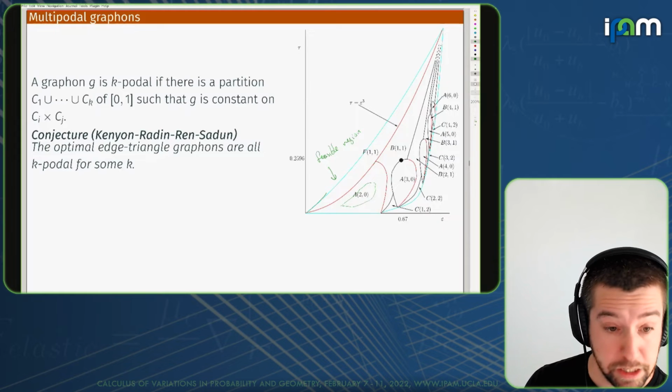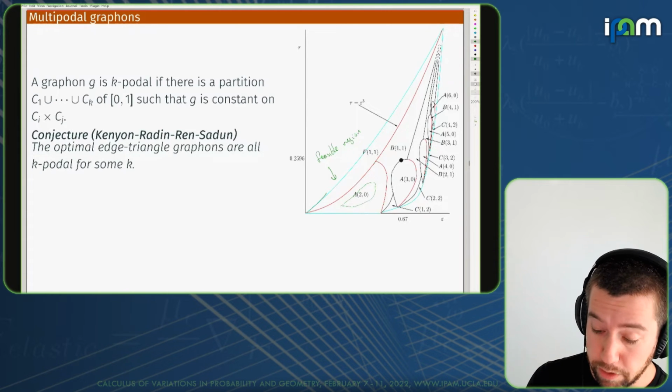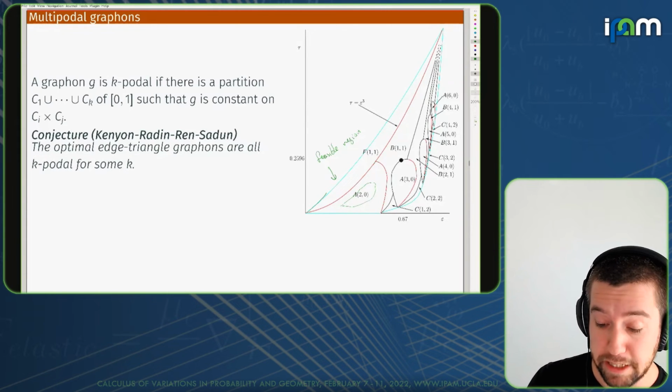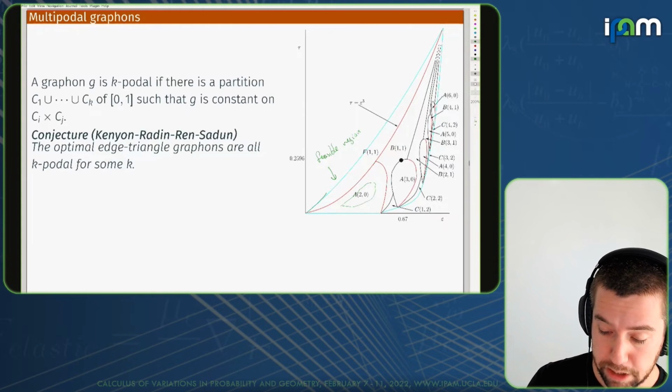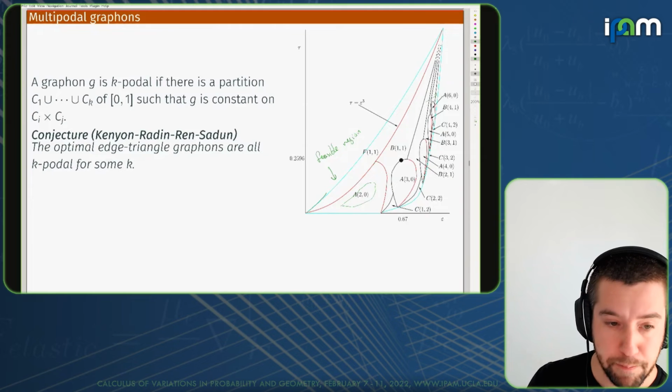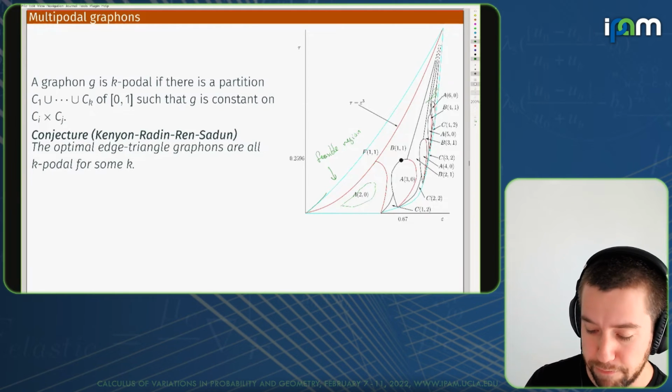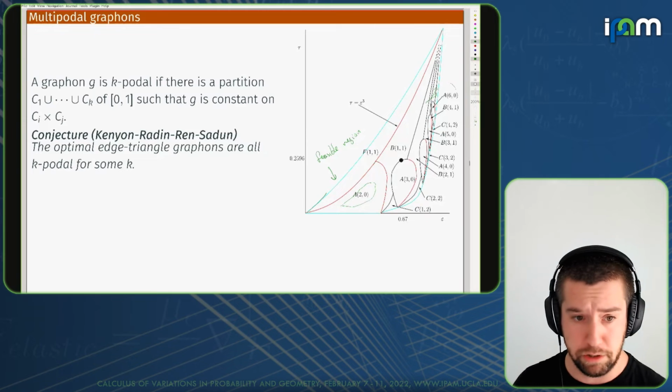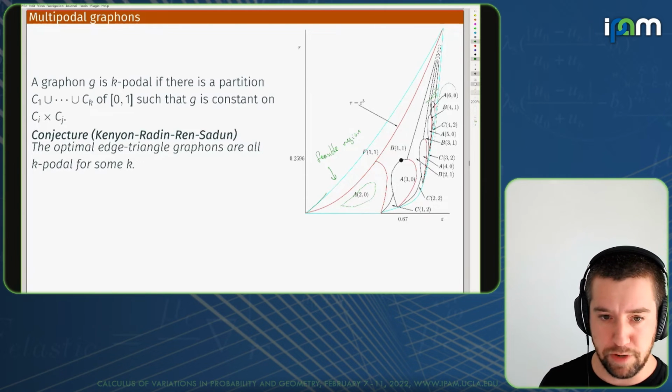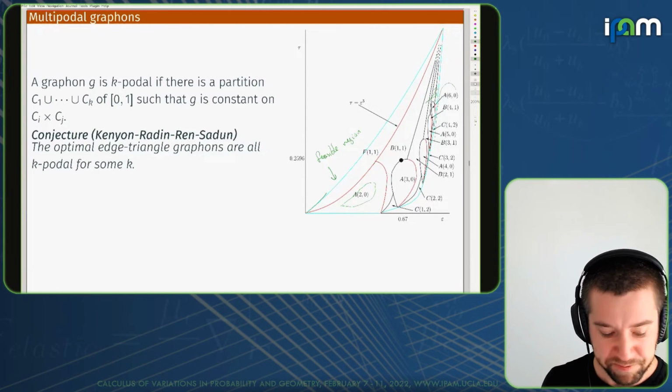And the number k of pods, there's countably many phases, by the way. You keep getting more of them as you march up in this direction towards the top corner. And the number k of pods is supposed to increase, right? And they give names to the phases, and they have conjectures about what the structure of these optimal graphons in the various phases looks like. Okay. So this is the conjecture.